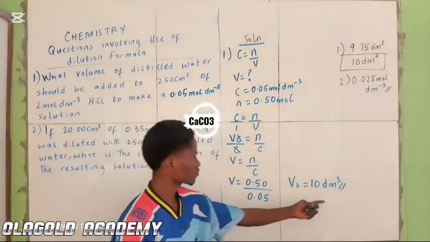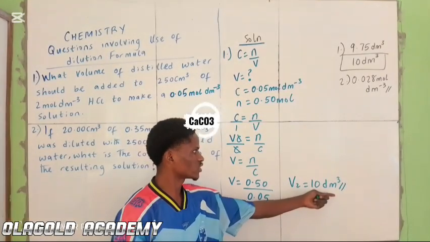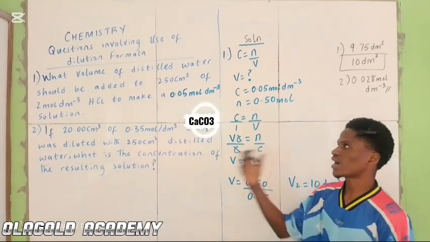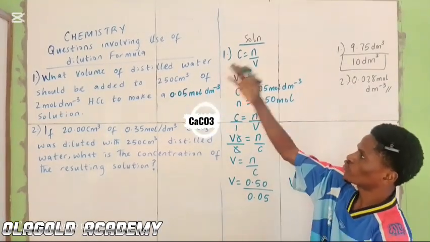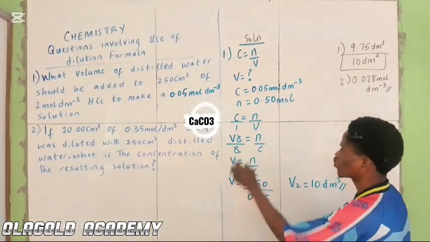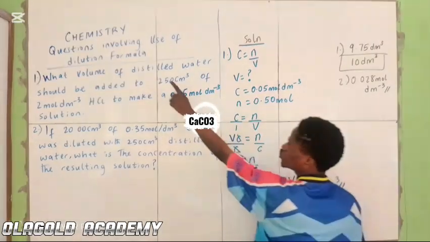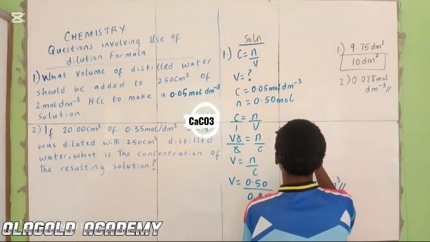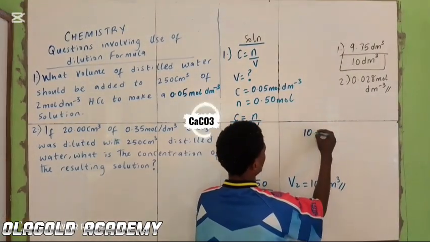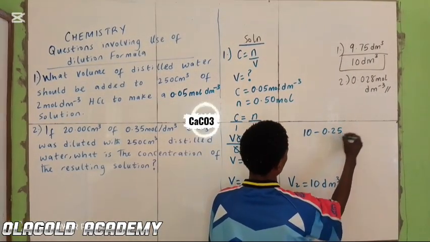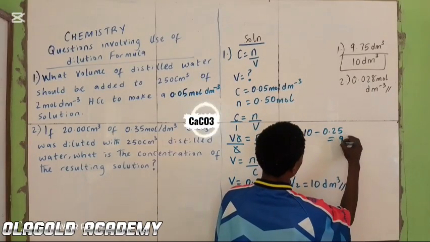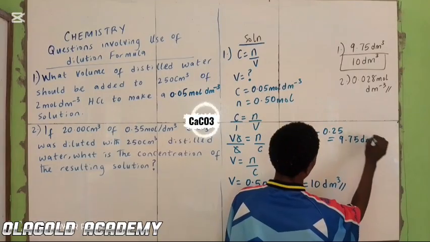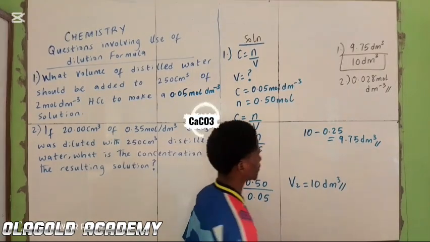Now, as usual, to find the additional volume of distilled water needed, we are going to subtract 0.25 from 10. So we are going to have 10 minus 0.25, which will give us 9.75 dm cube. So we're going to have the same answer.